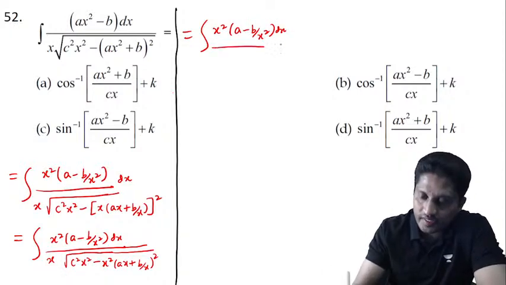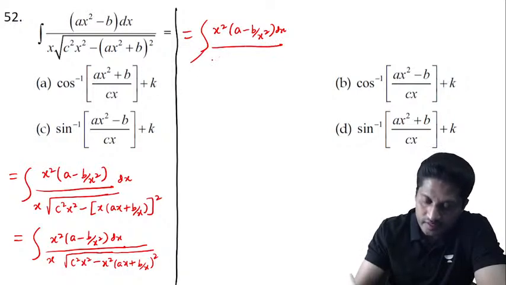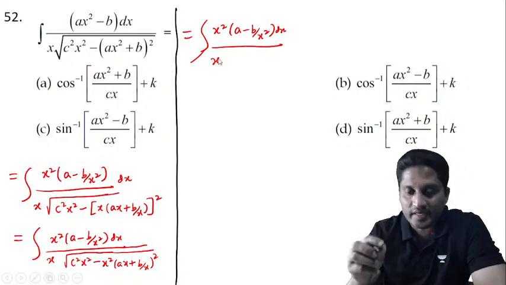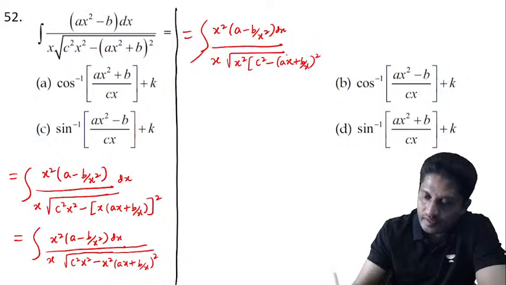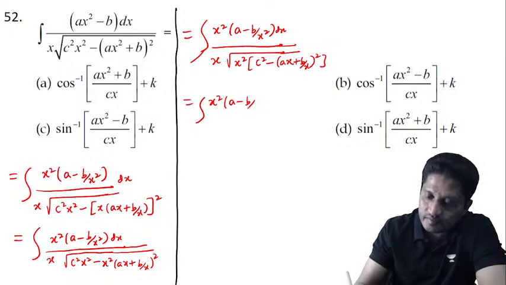Right, and then whole divided by x into, that x square is under the root, right? If I take x square common under the root, this becomes c square minus (ax plus b by x) the whole square. That x square is under the root. Now this is equal to integration of x square into (a minus b by x square) dx, isn't it, guys?